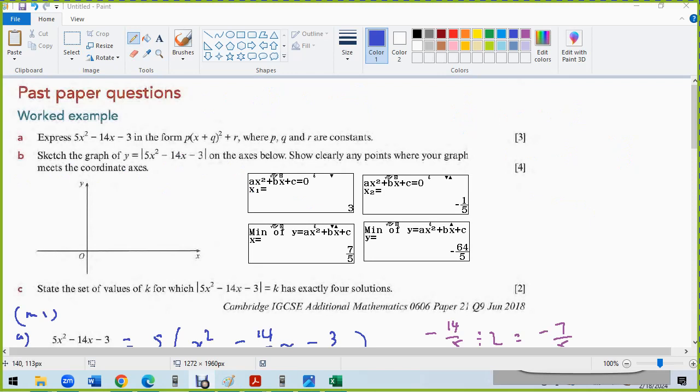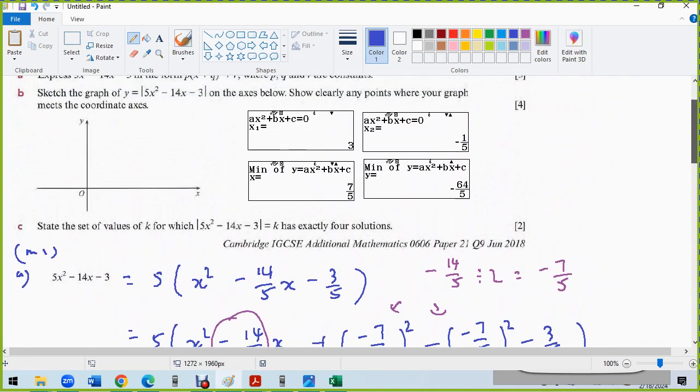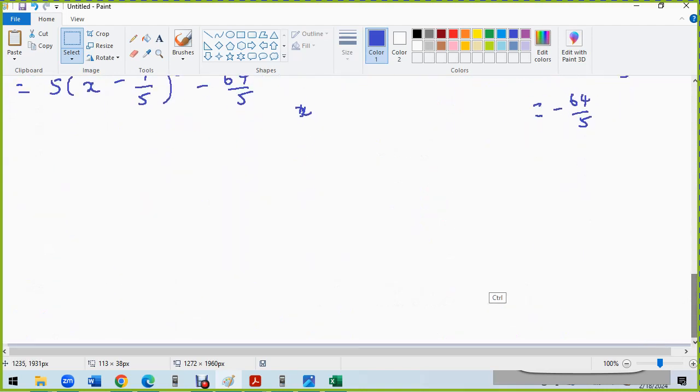Part B: state the graph of the modulus of this on the axis below. Show clearly any point where your graph meets the coordinate axis. For this one, we want to find the coordinate axes. If x equals 0, then y will be 0 minus 0 minus 3, negative 3.